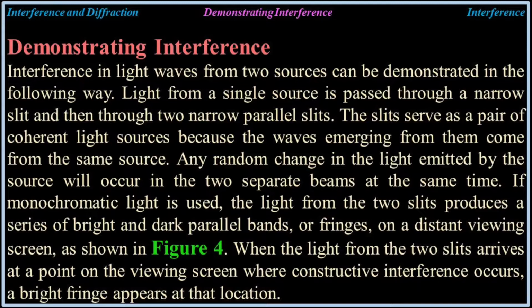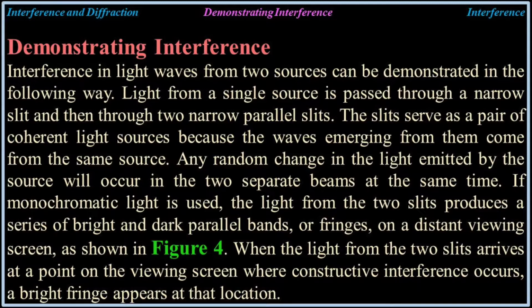Any random change in the light emitted by the source will occur in the two separate beams at the same time. If monochromatic light is used, the light from the two slits produces a series of bright and dark parallel bands or fringes on a distant viewing screen, as shown in Figure 4.